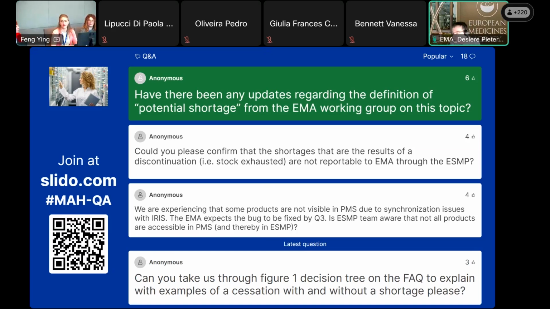What we do say is that we've now gone through a first phase when we looked at the definition of a shortage, and now we're going to the next phase where we are talking about the subdivisions such as a potential shortage, as well as how to look at case management. So for the moment, I cannot give an update, but we will probably be able to give one in the upcoming sessions.